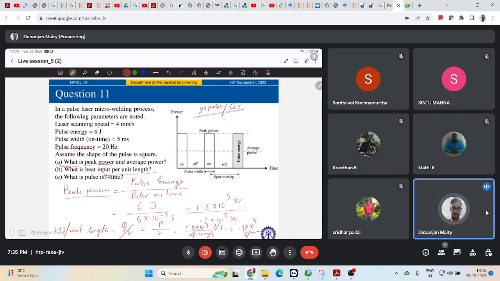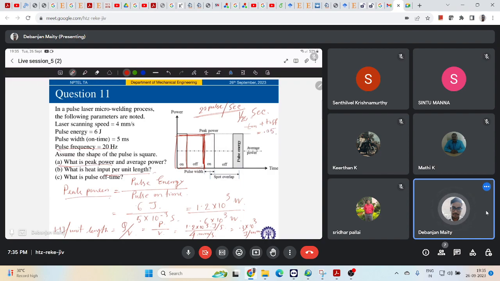So how much will be the t on plus t off? If there are 20 pulses per second, one pulse will be taking this much of a second. So t on plus t off is equal to 0.05.